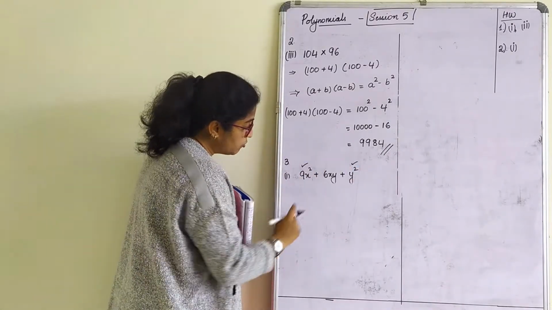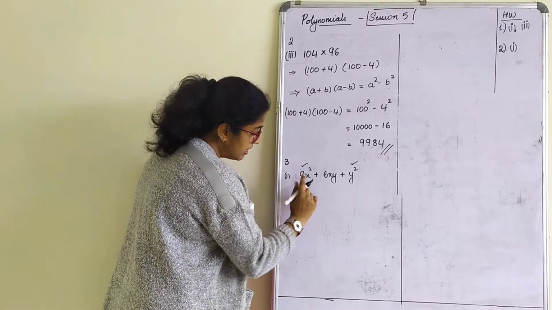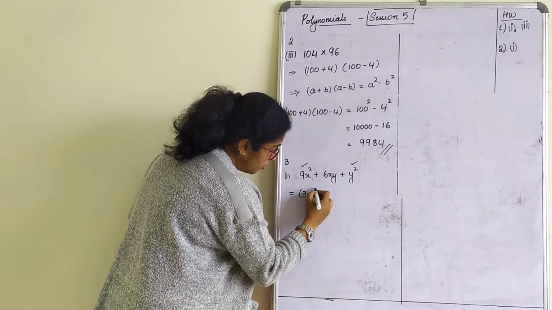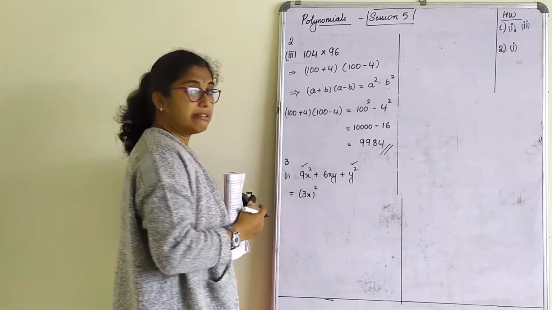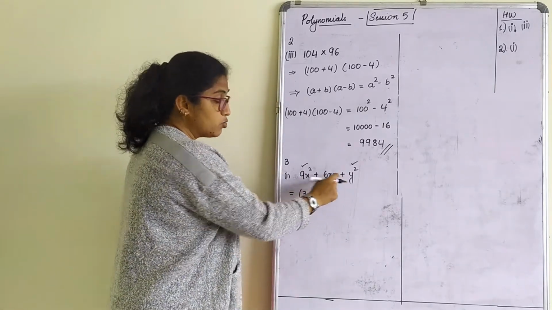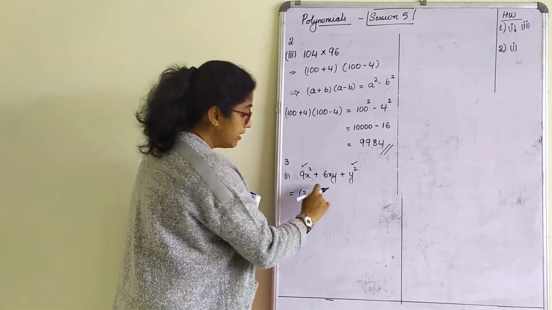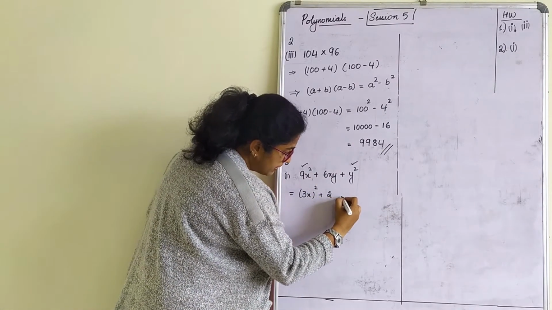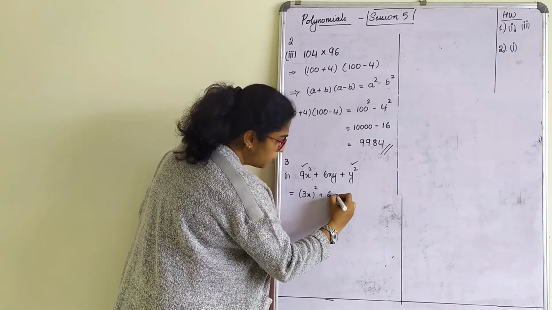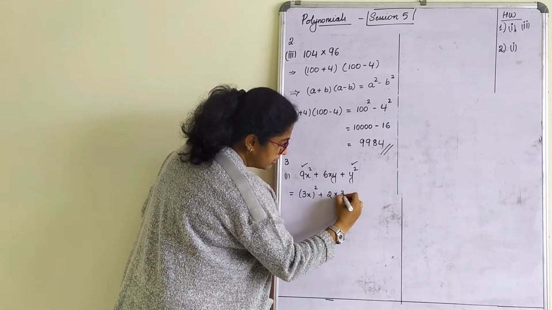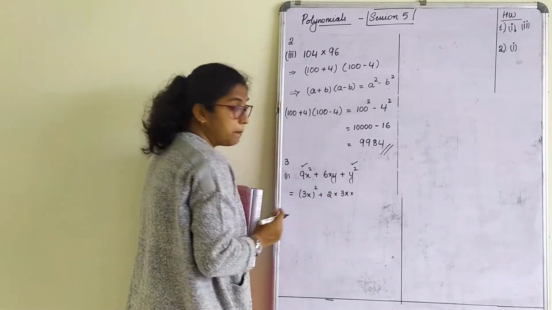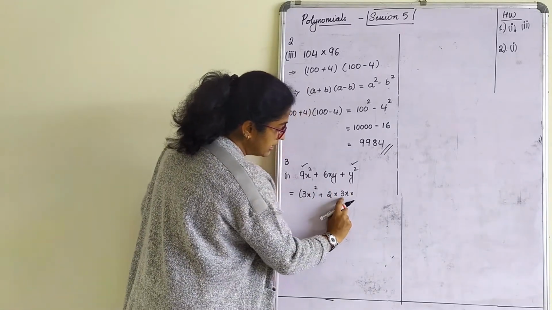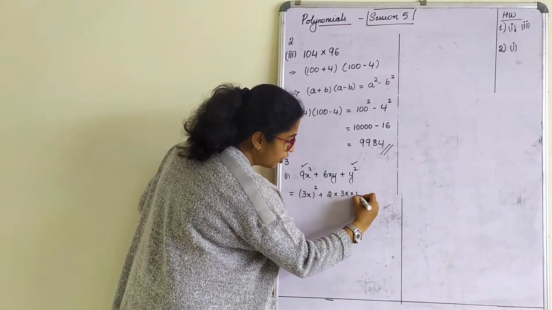So let us assume that this can be written as 3x whole square. Now basically this is of the form a square plus 2ab plus b square. That means 2ab should be there, with a term and b term. What is the a term? 3x. The b term you don't know, so let's wait and see. 2 3s are 6, and this is y what you have to get.